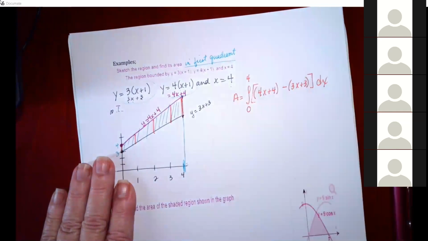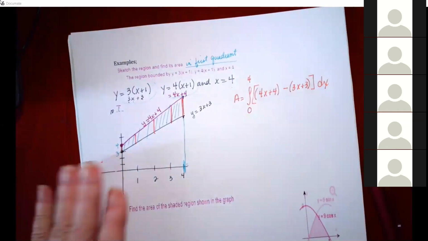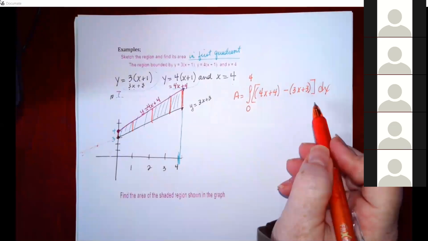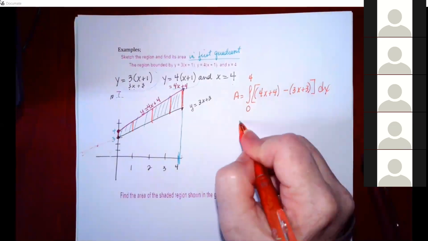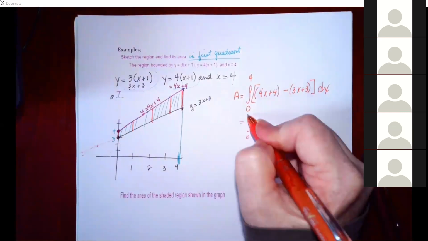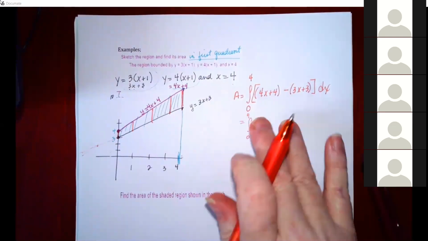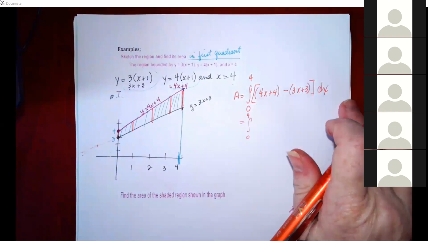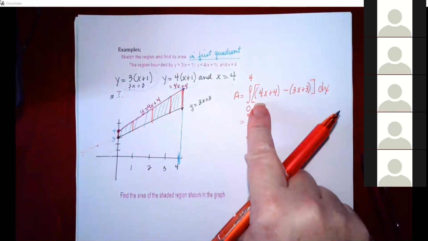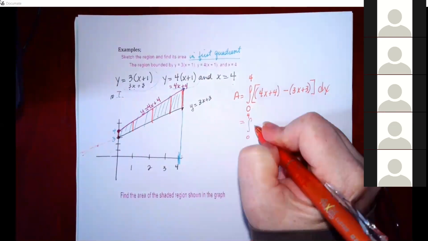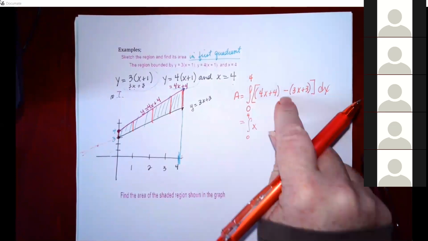dx. Now, I'm not going to integrate these just to save time, but I would suggest here, as well as in future problems, most of the time it causes less trouble if you go ahead and simplify this before you integrate. So I'd have 4x minus 3x is x, 4 minus 3 is 1.